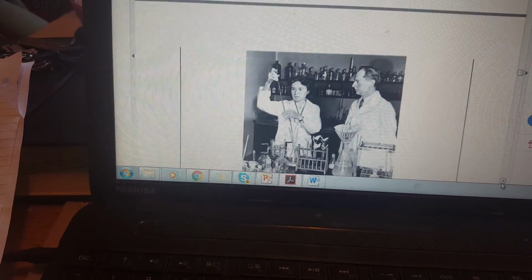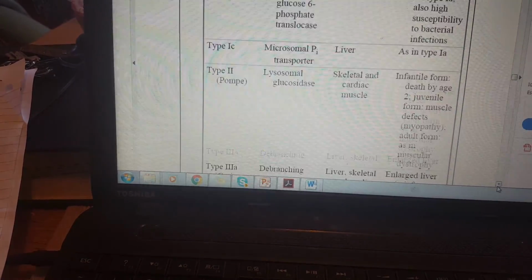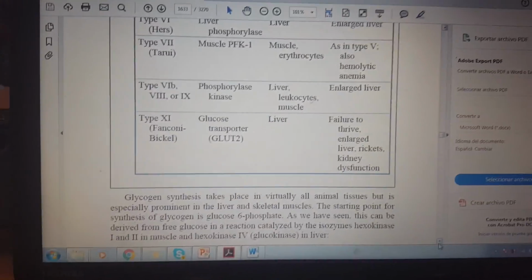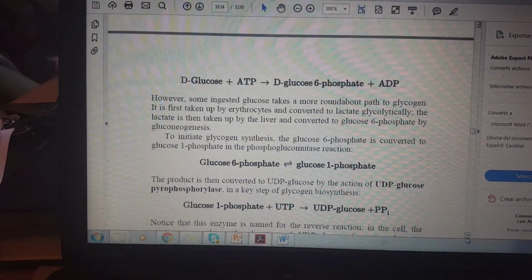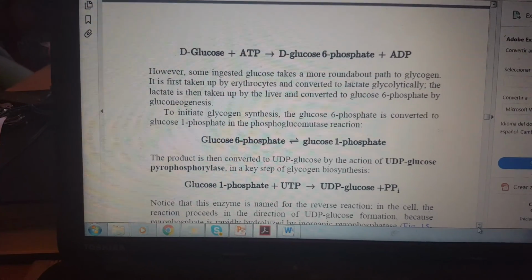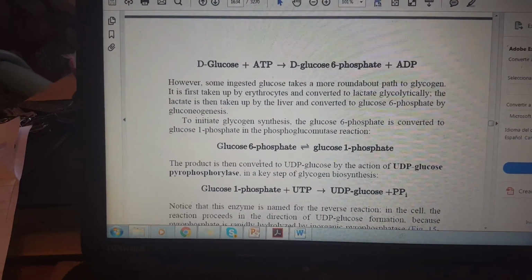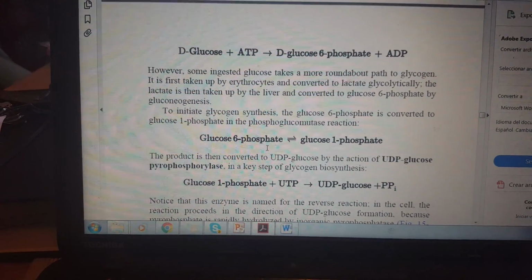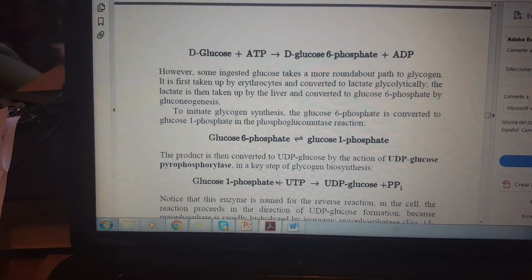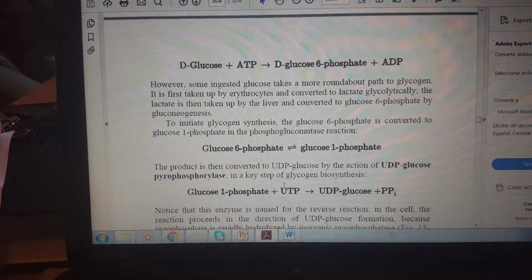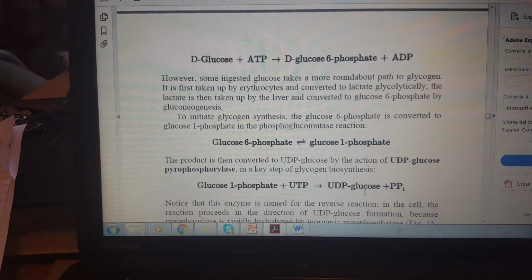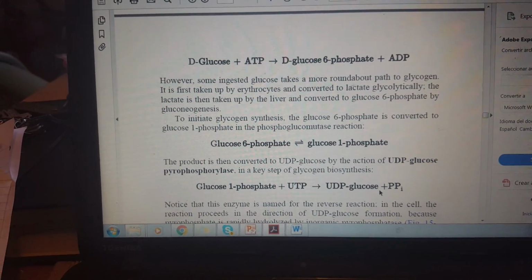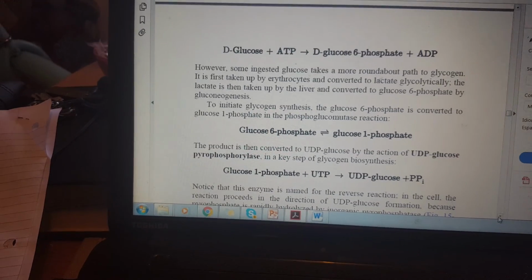Okay, we're going to go down here. This is the same that we discussed here. We have to form glucose 1-phosphate to add the portion of the nucleotide sugar, the UTP, to form a UDP glucose molecule.